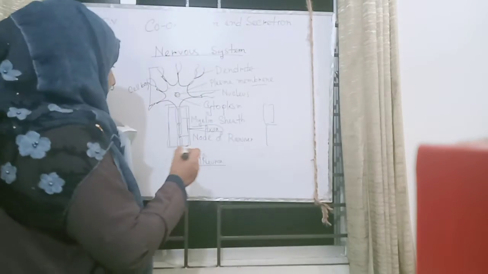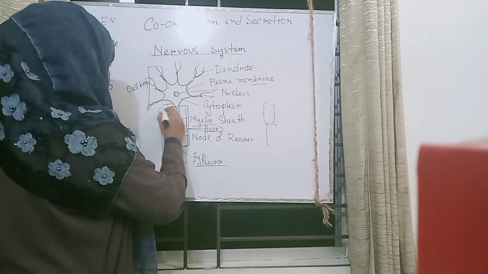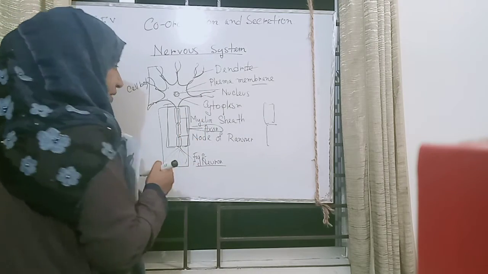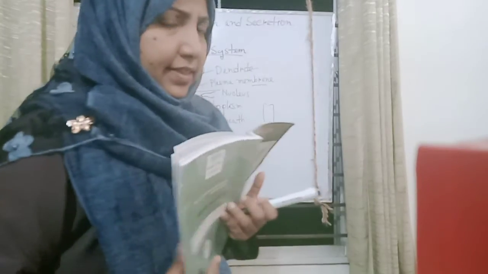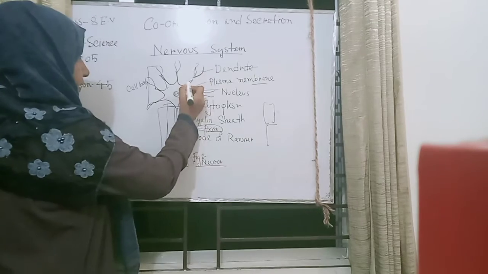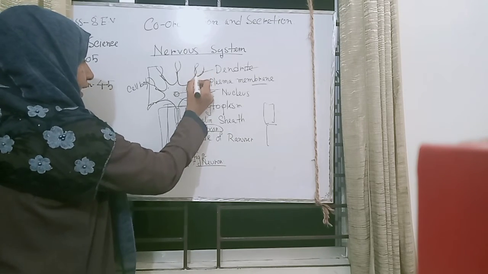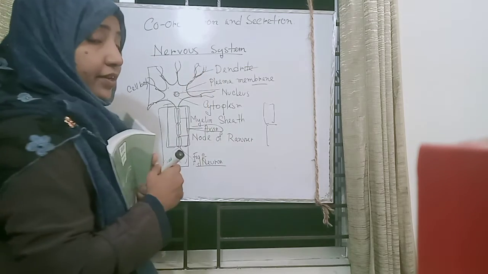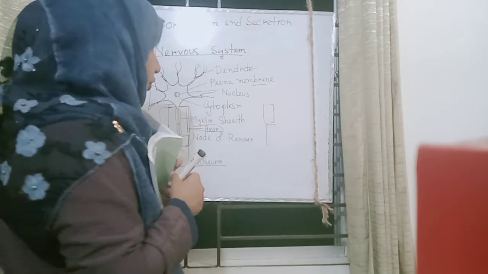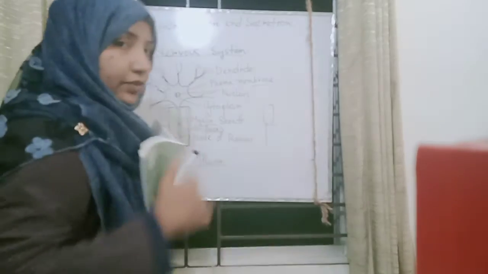The second structure is the dendrons. Here are the dendrons. Is it not a tree-shaped structure? Dendron is the plural form and dendrite is the singular.